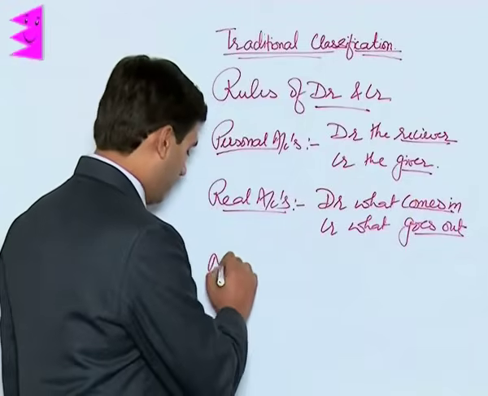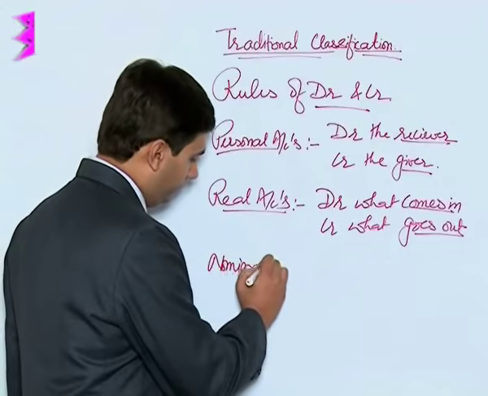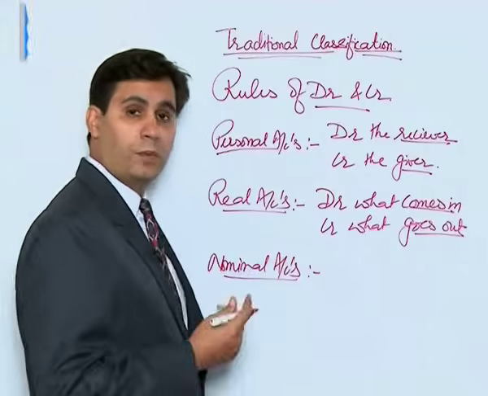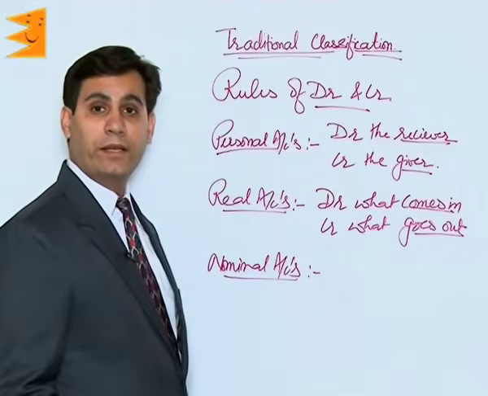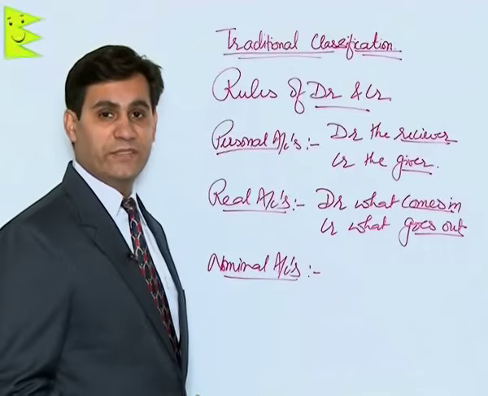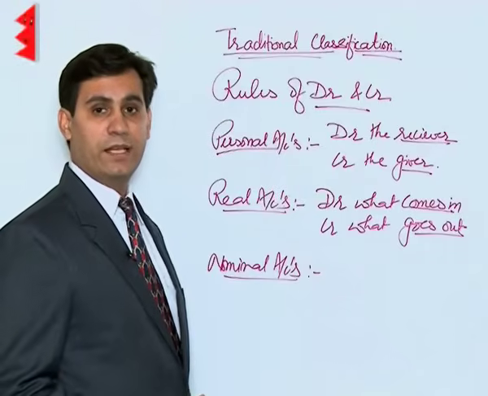For nominal accounts, what are nominal accounts? Nominal accounts are accounts of income and expenses. So the rules are based on whether an item can be classified as an income or it is an expense.